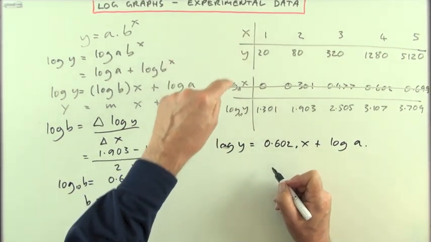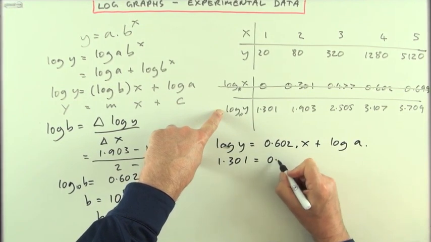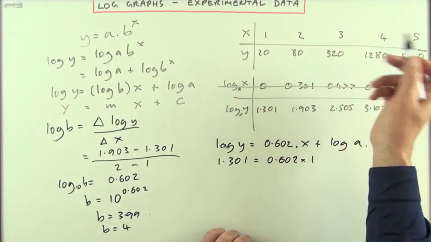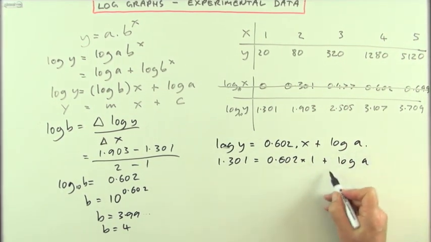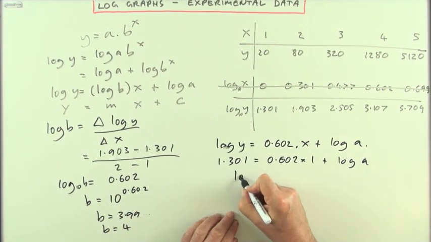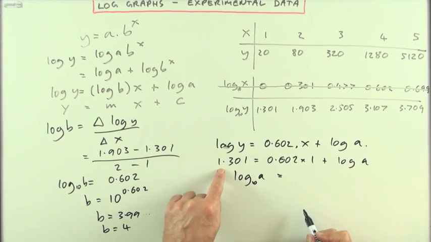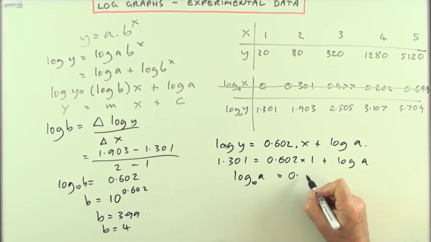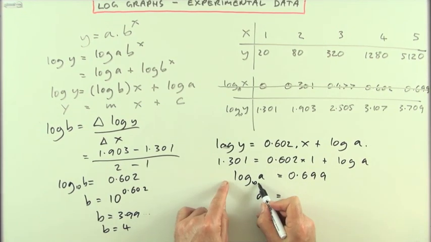So using this pair, x and this log, I've got 1.301 equals 0.602 times 1 handily, but it wouldn't be much worse if it was 2 or 3 or 4, plus log 10 of a. So it's only one thing I don't know, so I can find it. So log 10 of a, maybe I'll emphasise it here, will be 1.301 take away 0.602, which is 0.699, and then remove the logarithm by applying its inverse exponential.